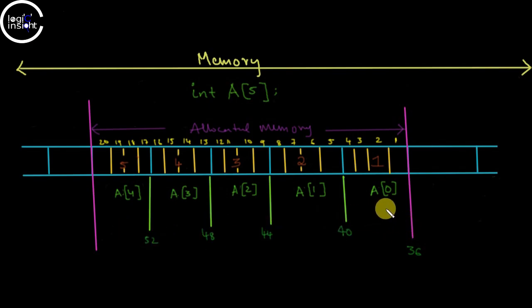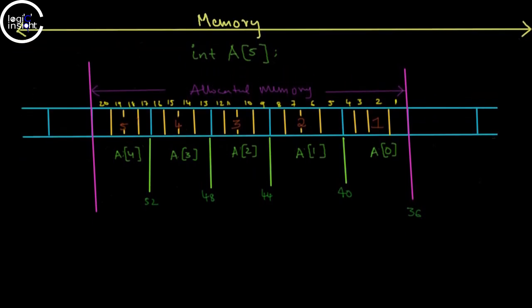Now, before going to the subtraction operation, I would like to recall the addition operation. Since in the previous video I took an example of character, in this I have taken the example as an integer. Now we know that if I want to access this element, then I need to give this address, right?